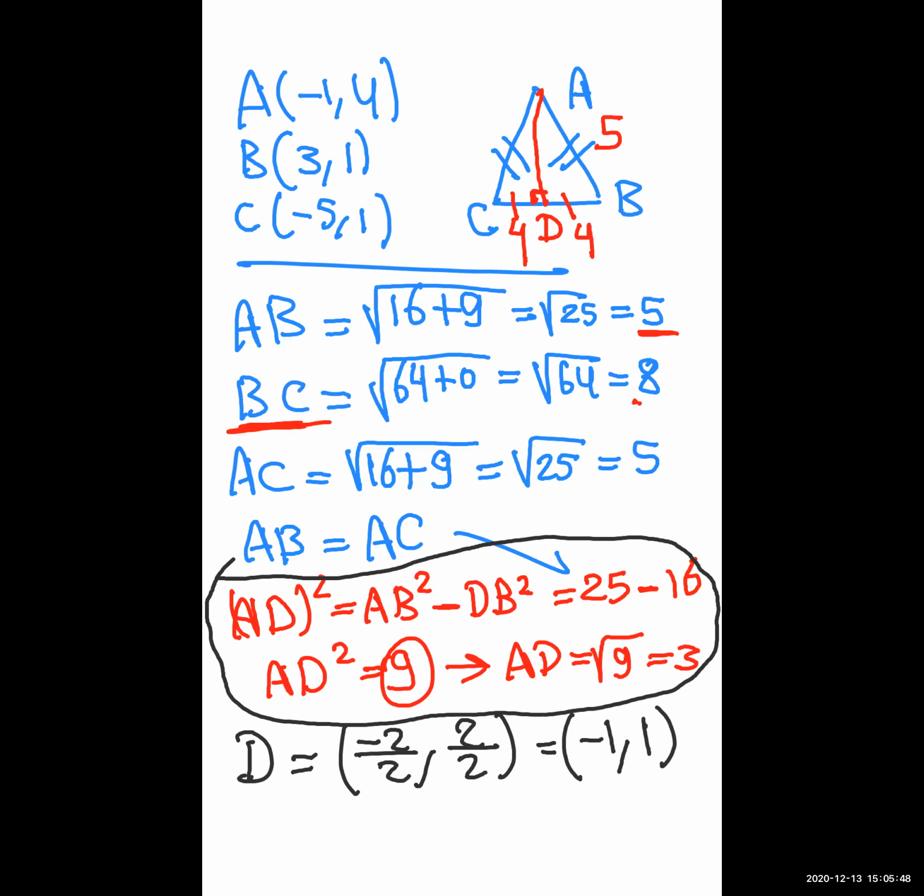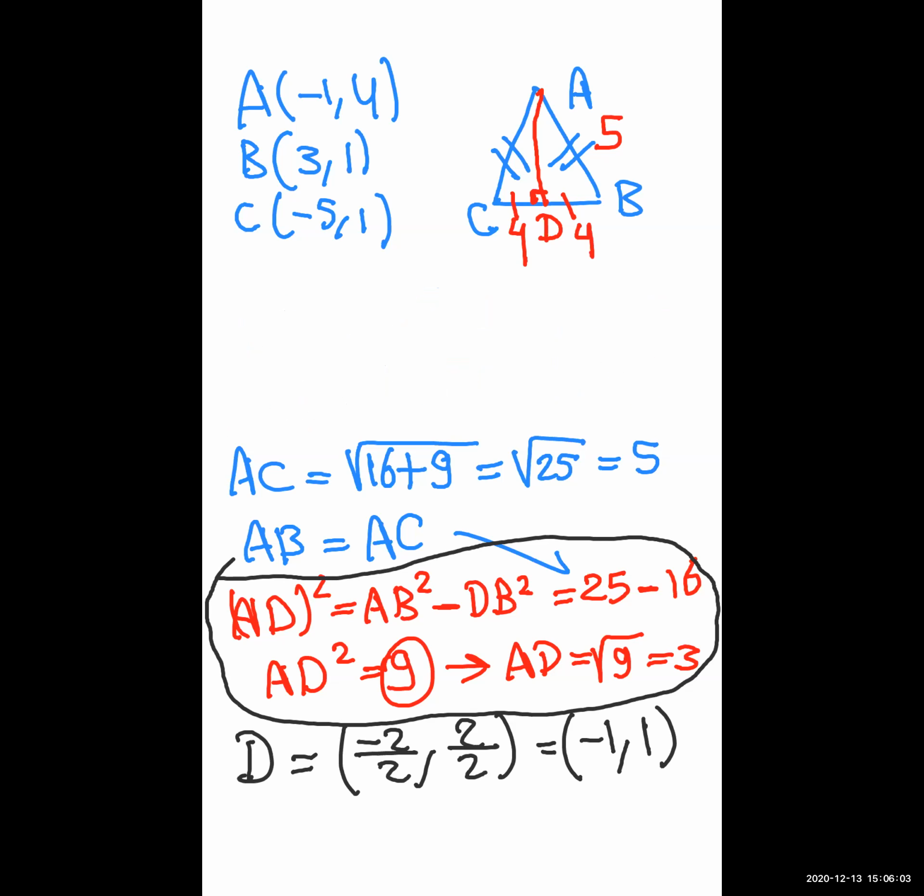Let me clear this part and get the AD using this one. Now we have the coordinates of A, and D also, so that we can get the length of AD. So AD will equal the square root of x1, which is -1, minus -1.